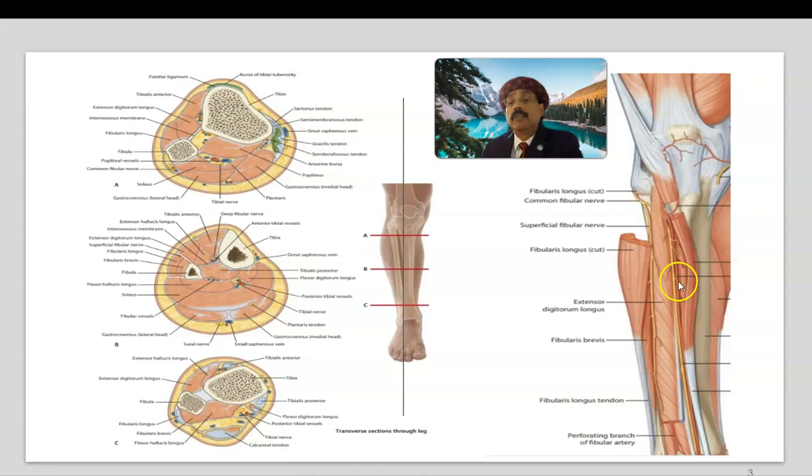Here is the anterior tibial artery, the deep fibular nerve, the common fibular nerve, and the superficial fibular nerve. So everything may be damaged. The muscle may be out of blood supply and nerve supply, depending on the impact and extent of the injury.